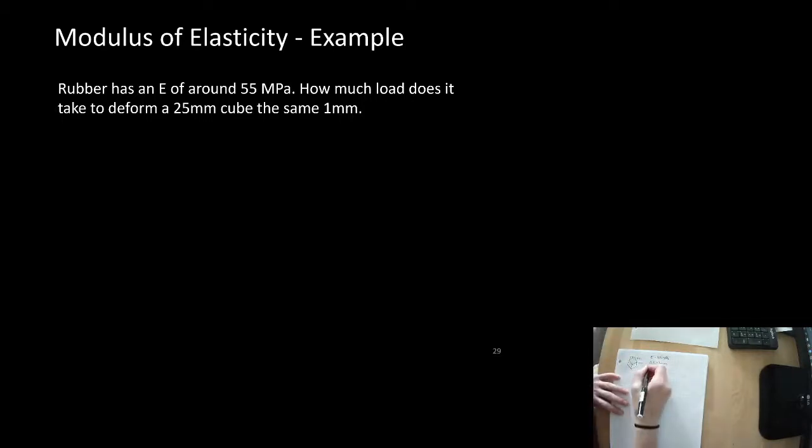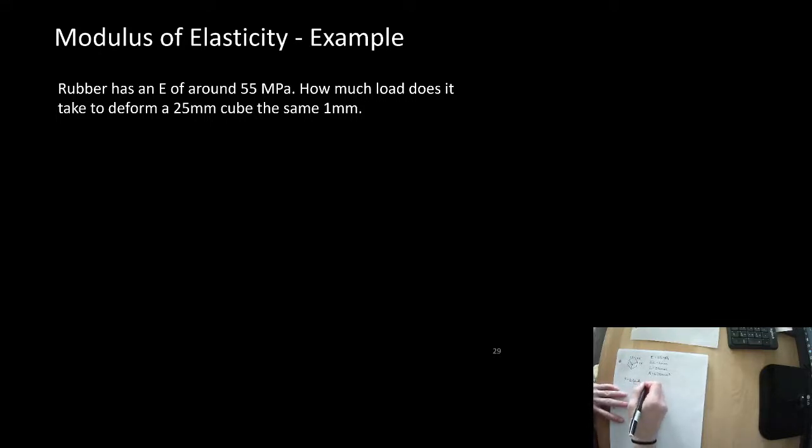So we know its original length is 25 millimeters, and we know its area is 625 millimeters squared. We know that P equals E delta L A divided by L. We just figured that out in the last example.